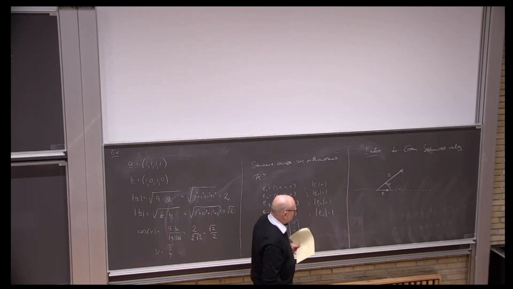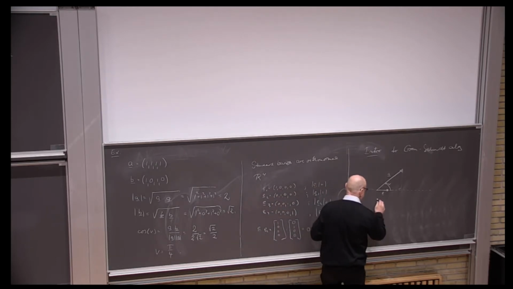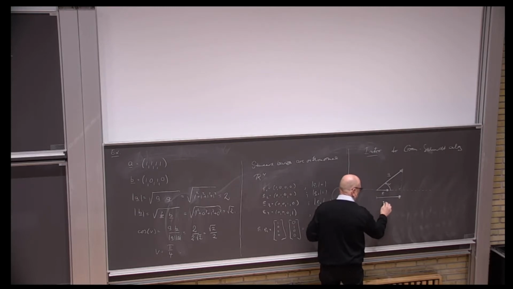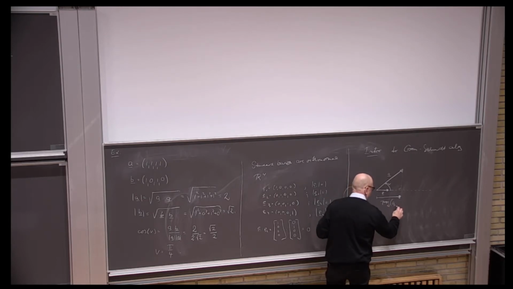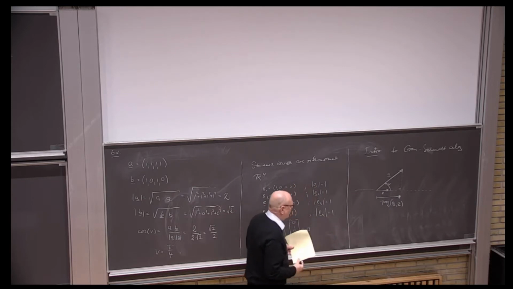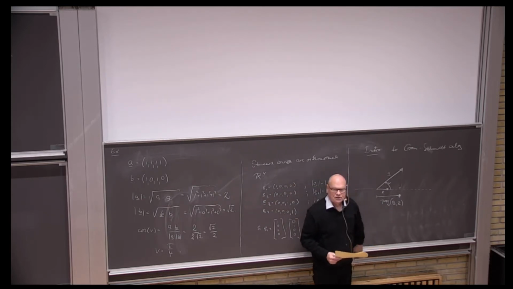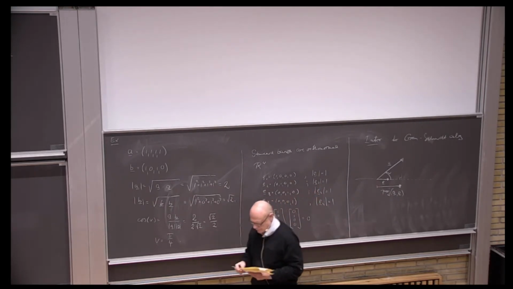Now the projection of A on this vector here is this vector. And we call it the projection of A on E. So it has two arguments: the vector itself and the unit vector that you project the vector on.